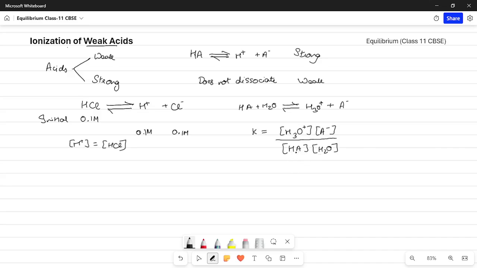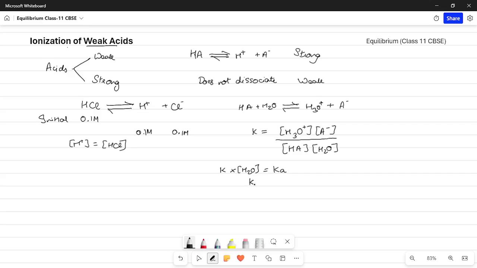Now, water is in a large quantity. So what we are going to be taking is K into the concentration of H2O, which is going to be considered to be something called Ka. What are we doing? We're taking the concentration of water and pushing it to this side. It's large enough, so we're just going to multiply it with K, and that gives us this value called Ka.